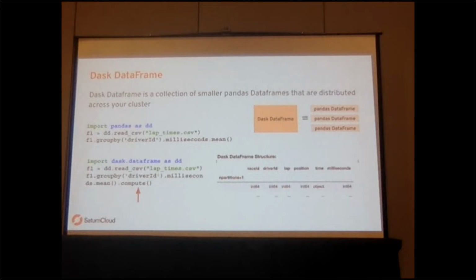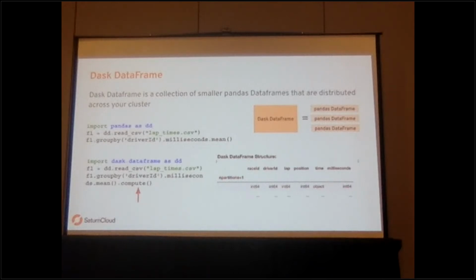When I'm using Pandas, it is reading each and every line, right from the first line to the last line. But when I'm working on a Dask data frame, Dask is lazy. A Dask data frame is not going to read each and every line. It is going to read just enough, as much as is required. So it is going to read all the columns and data types, and that's it.